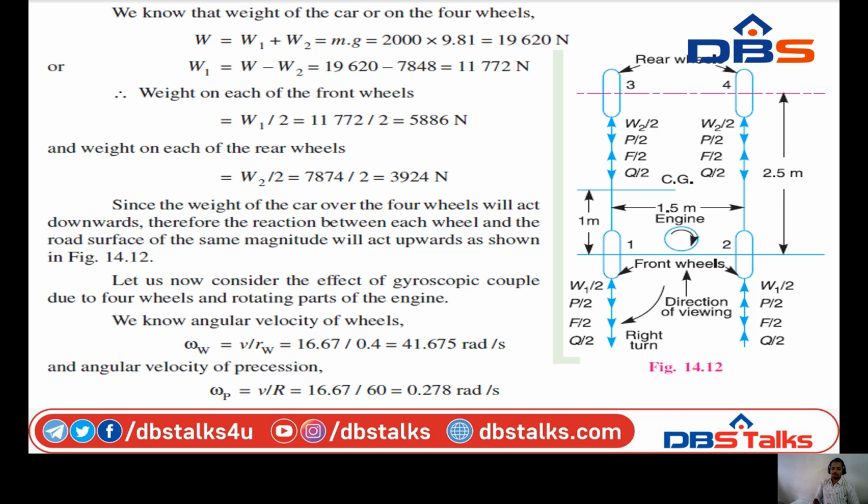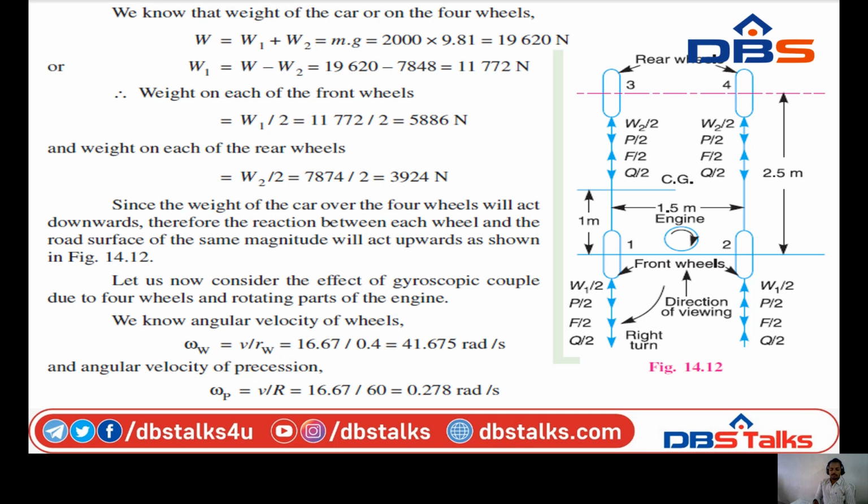Let us now consider the effect of gyroscopic couple due to four wheels and rotating parts of an engine, with omega E and omega W. We know that the angular velocity of the wheels, omega W, is equal to V by RW, that is radius of the wheels, where V is the linear velocity, 60 km per hour.